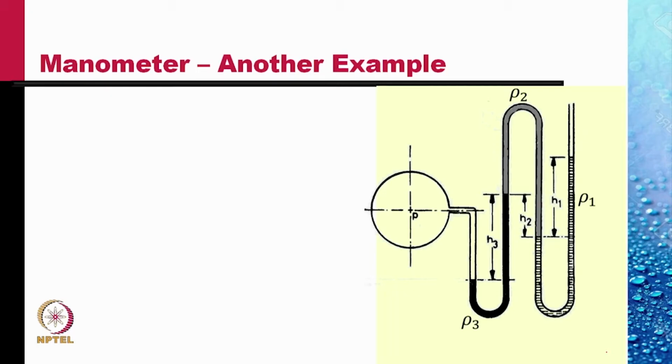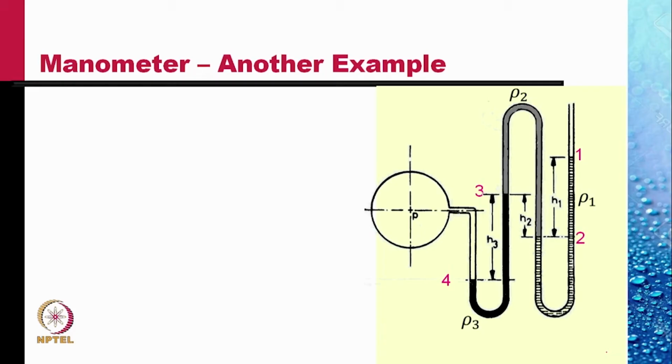We use the standard method of calculation: we seek points at the same level connected by the same fluid and equate the pressures in two different limbs, and then we move up and down within a fluid to the next interface.